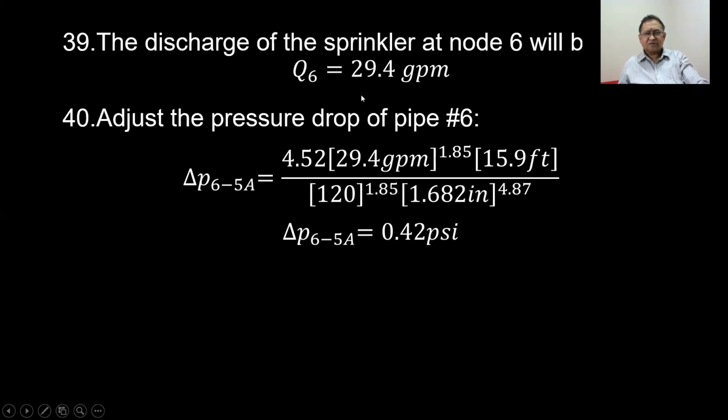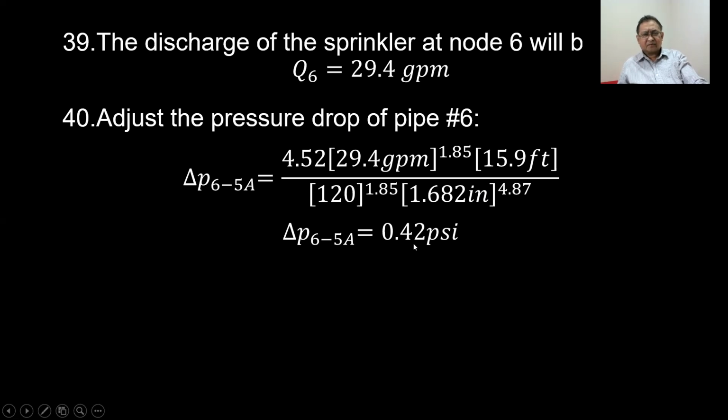And so the discharge of the sprinkler will also be equal to that value. The flow at node 6 will be 29.4 here, and the equivalent length of 15.9, rather, the pressure drop from node 5 to node 6 will be 0.42 psi.